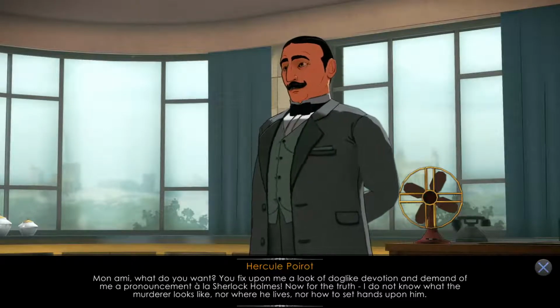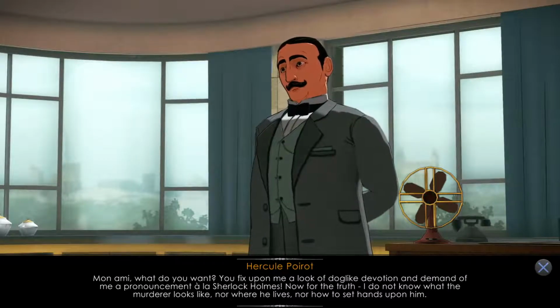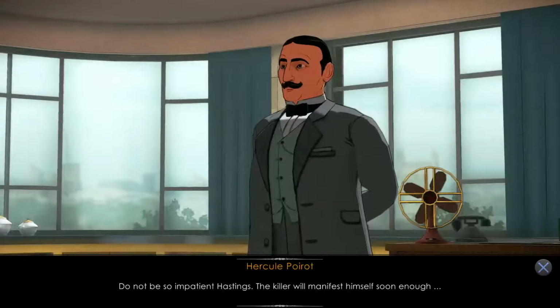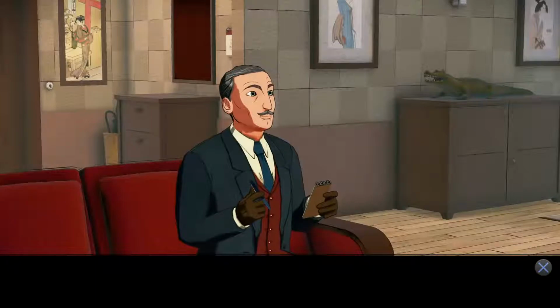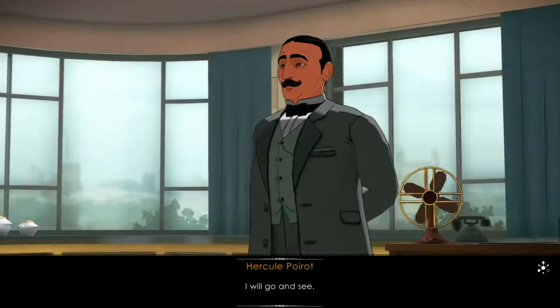Now for the truth. I do not know what the murderer looks like, nor where he lives, nor how to set hands upon him. What shall we do, then? Nothing. Nothing? Do not be so impatient, Hastings. The killer will manifest himself soon enough. I thought I heard the postman. Maybe there's some news. I will go and see.